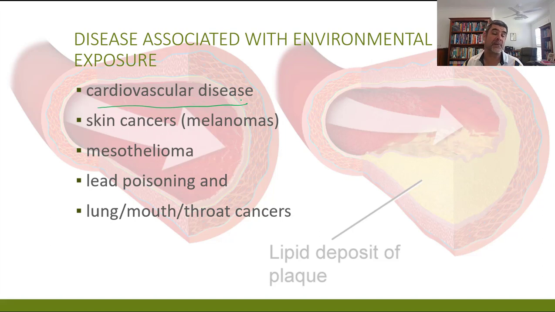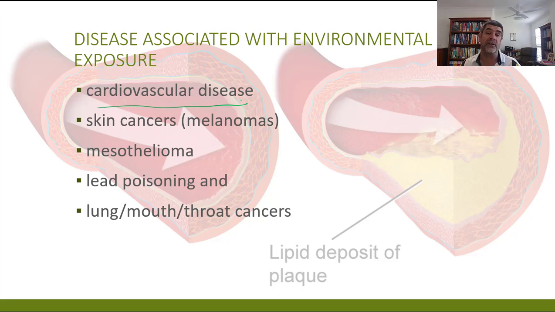So now some of the decisions that we make about our diet, about our exposure to the sun, choices about substances like cigarettes, alcohol or other drugs, our exposure to heavy metals like lead in the environment, asbestos in building materials, all of these have made contributions to the increasing incidence of certain types of environmental diseases.